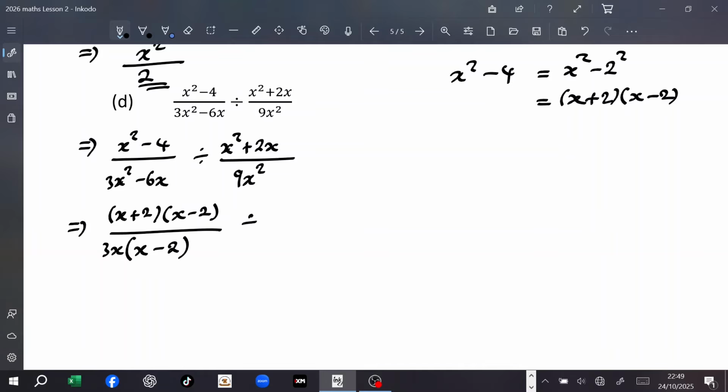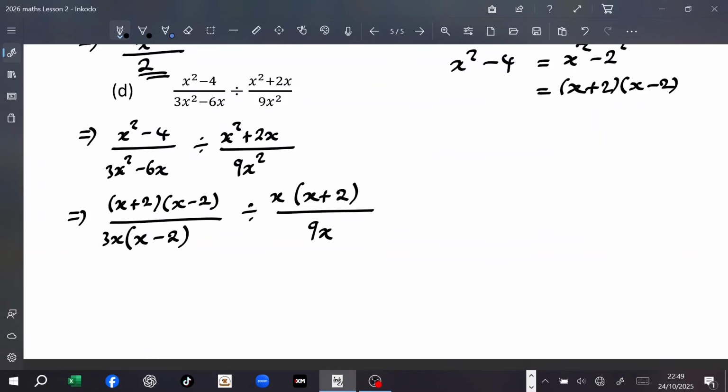Then divided by this side. This side also we can factorize. We have x common, open brackets, there will remain x, then plus 2. Then down there will remain 9x.